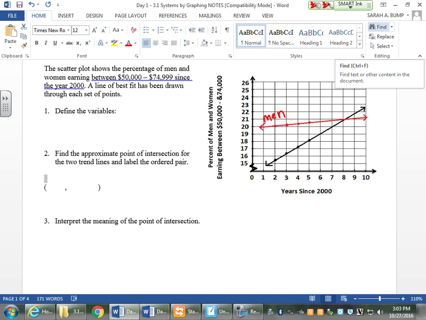So that's men, and this is women. You'll see at the year 2008 when they were the same, that's the key thing there, they're the same. So I want you guys to write that word with part 3. Then women start to surpass men. So women start to earn more money than men, the larger percentage.